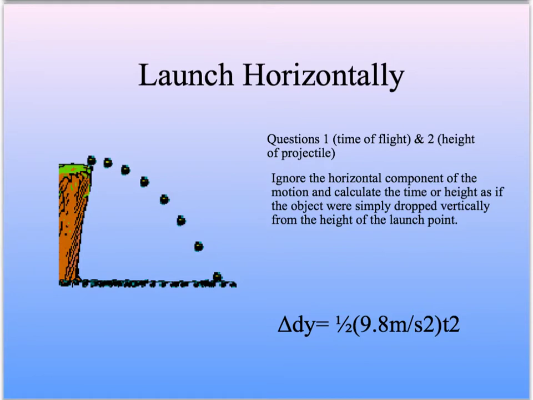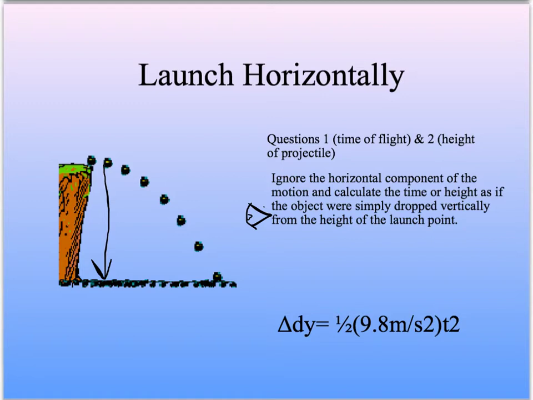Now, in questions 1 and 2, again, these are vertical questions. We ignore the horizontal component of the motion, and we'll calculate either time or height, because we'll be given the other one, as if this object was just dropped vertically and was traveling straight down. Because really, if we ignore the horizontal component, if we're just viewing from over here, then that's all that's happening vertically.